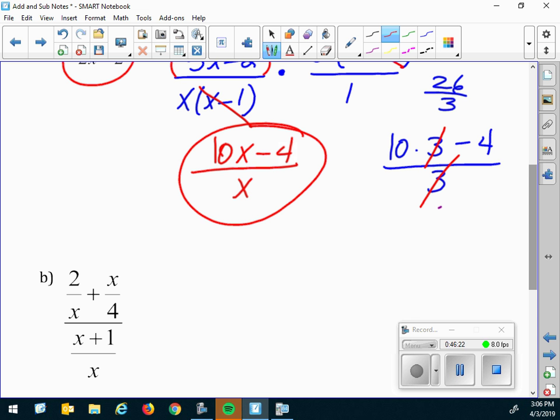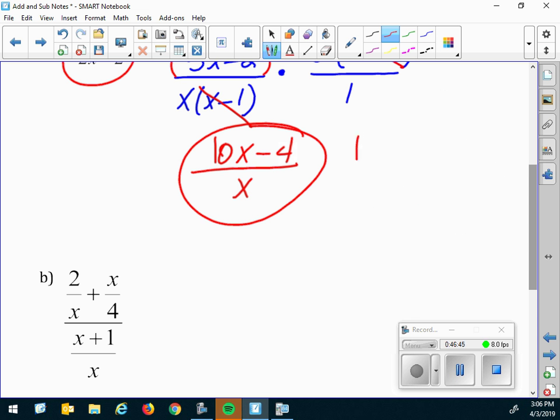Listen, the only way you can factor out a common factor between the numerator and denominator is if it's just multiplied. And subtracted. If it was this, Karen, what if I had done this? Now, let's try something else.